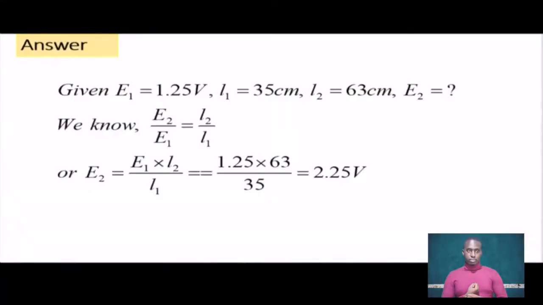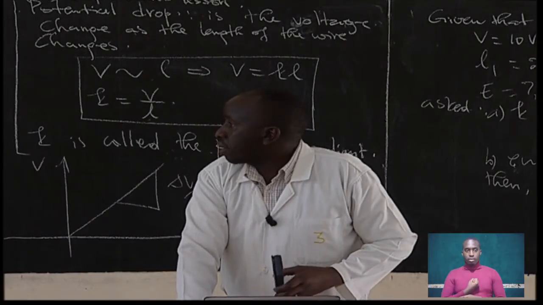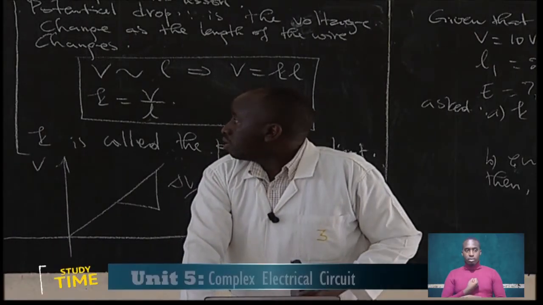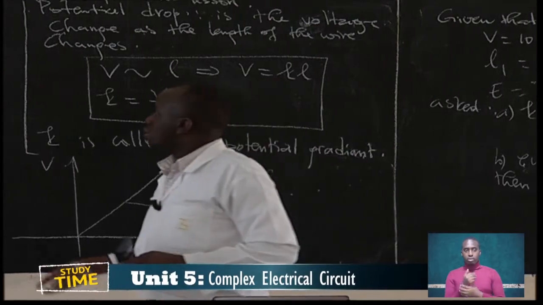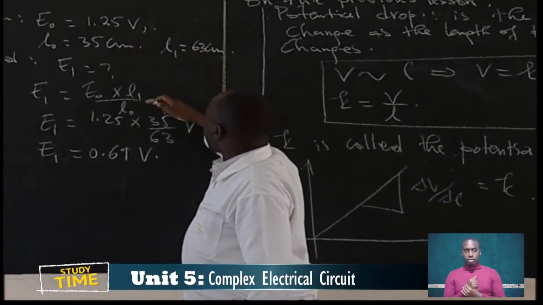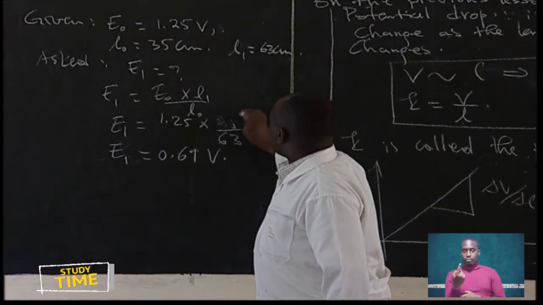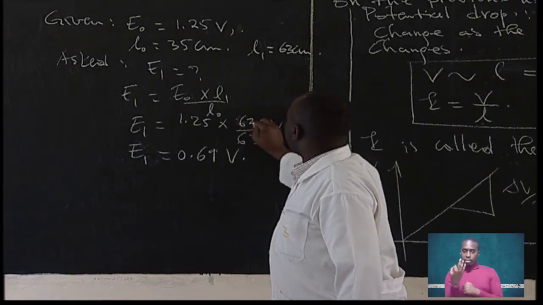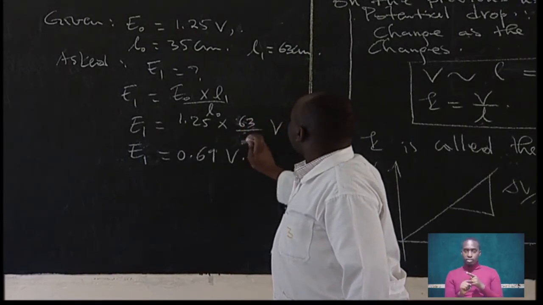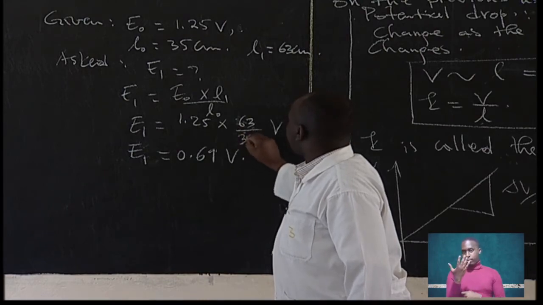We need now to perform, let's see. I'm sorry. No, this is going to be L1, L1 is 63, over 35.